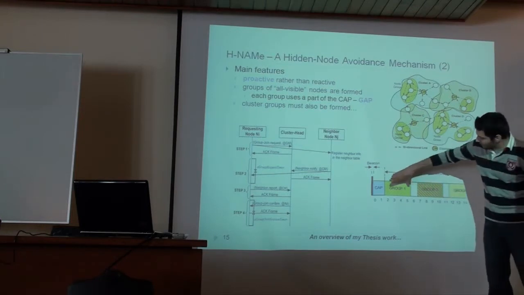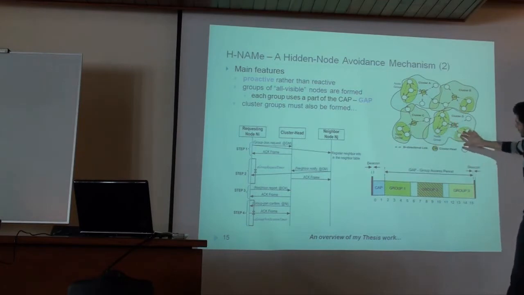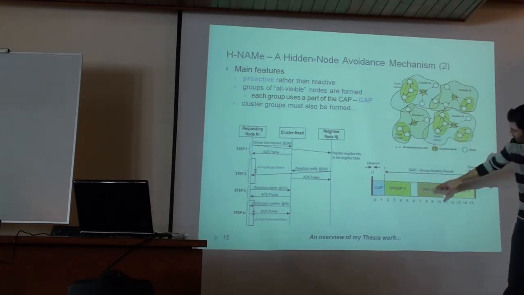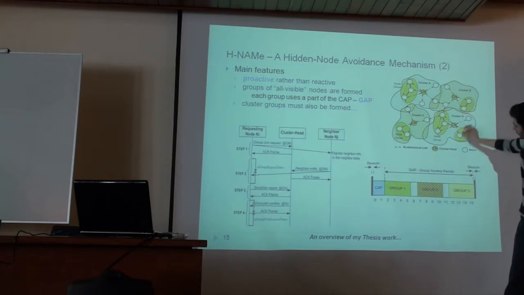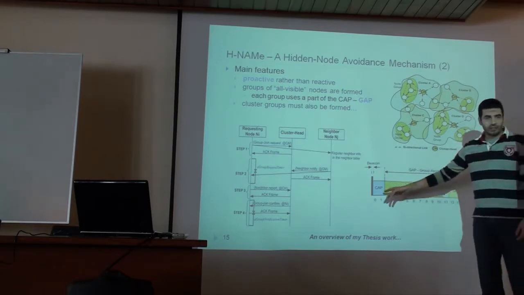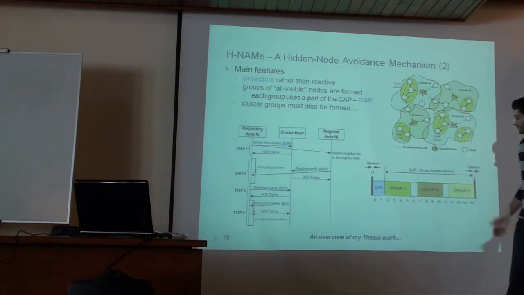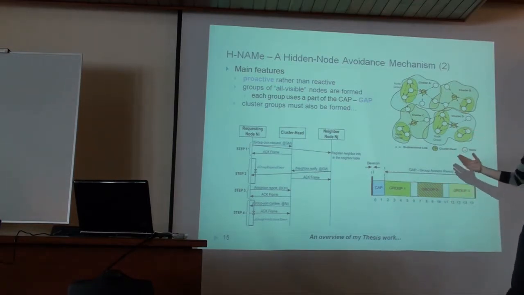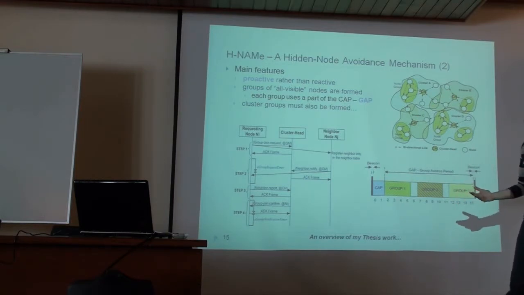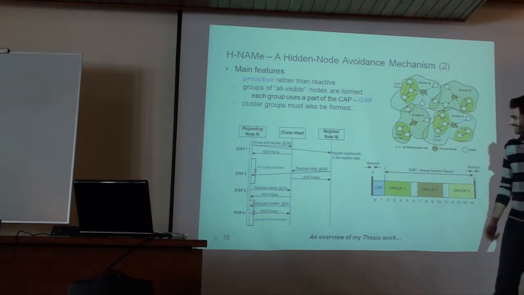These nodes could be fit, for instance, in group 2, and this one could be fit in group 3, or he could just transmit in the GAP. This means that these nodes will be able to contend for the medium without any collision due to the hidden node problem. It's a kind of TDMA, but with CSMA contention.